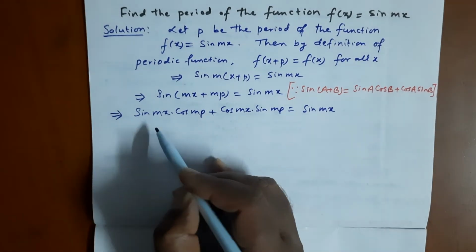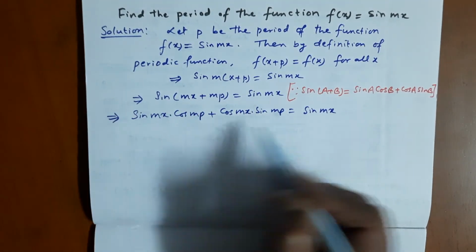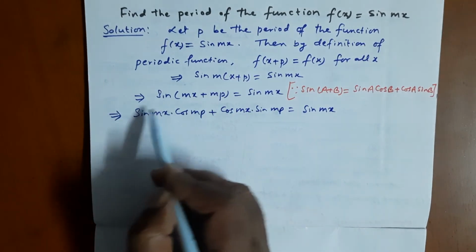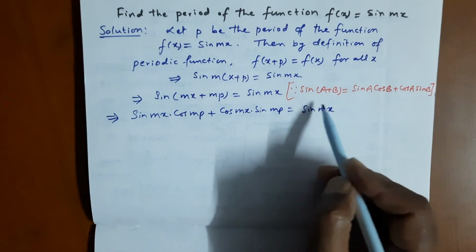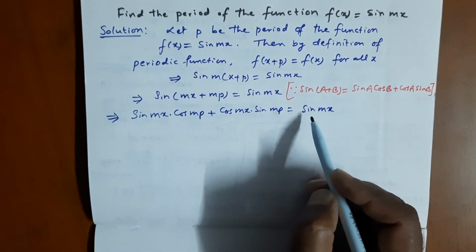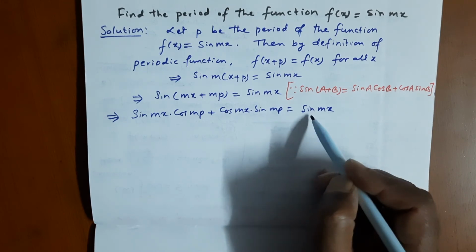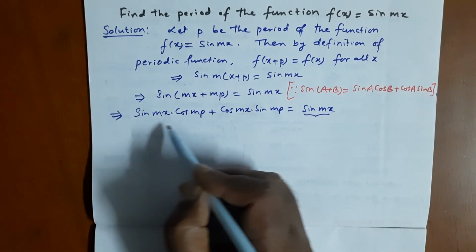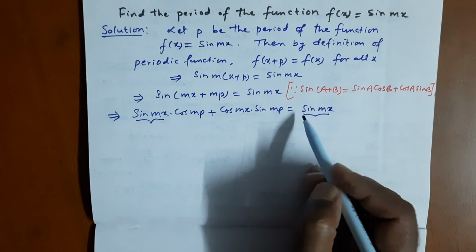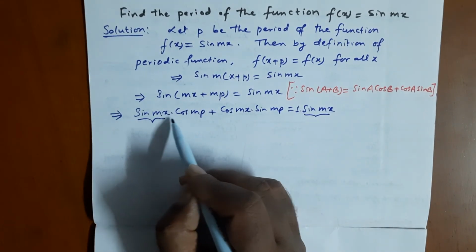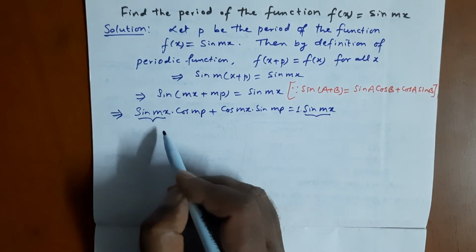This shows that the expression on the left hand side equals the expression on the right hand side if the coefficients of their like terms are equal. Here sin(mx) and sin(mx) are like terms. The coefficient of sin(mx) on the right is 1, and on the left it is cos(mp).